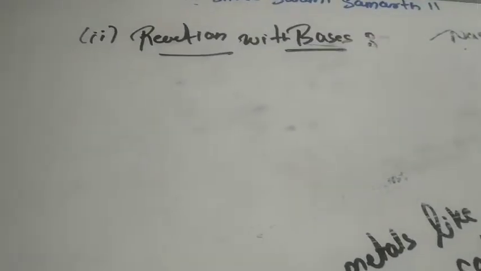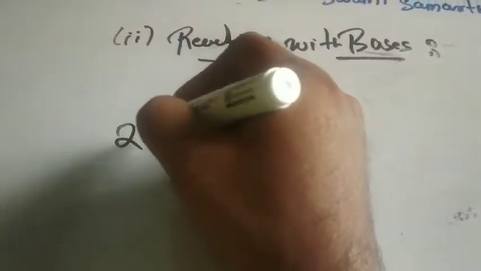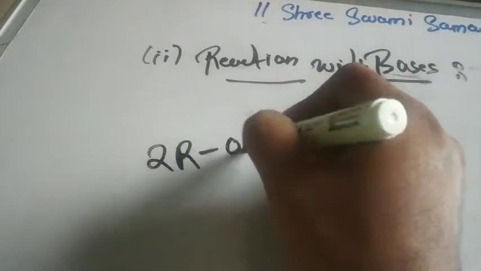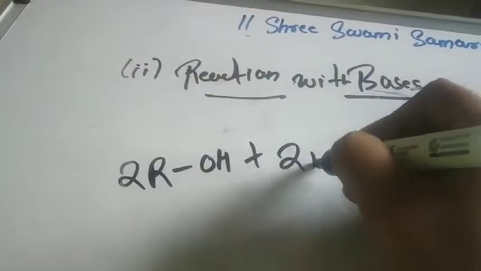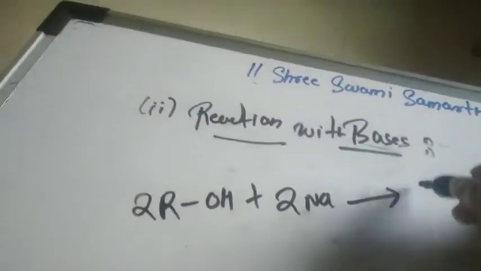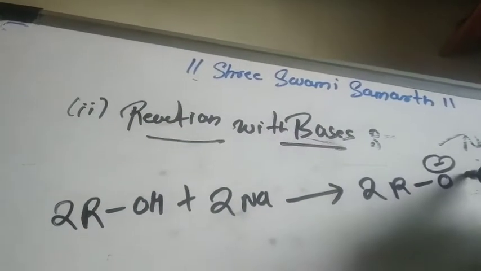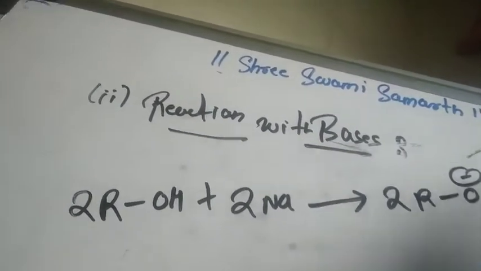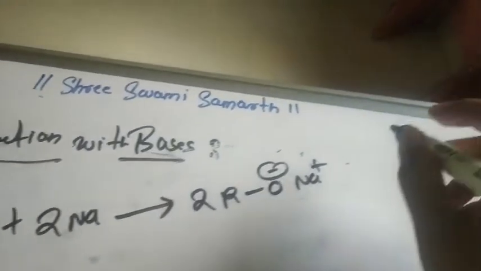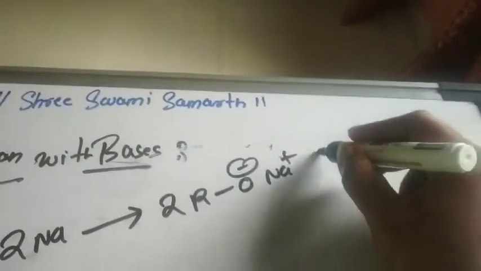So let's see the reaction. 2 moles of alcohols react with 2 moles of Na and get converted into 2RO⁻Na⁺ plus H2.